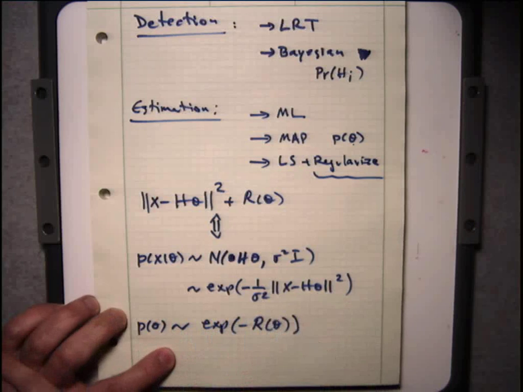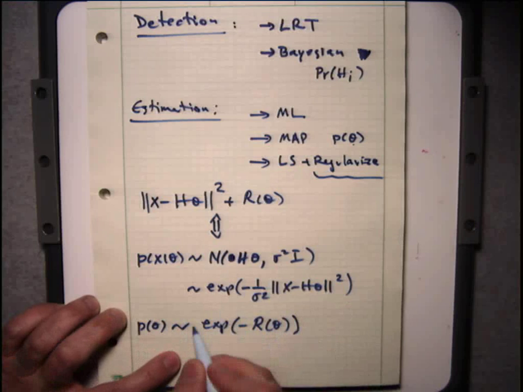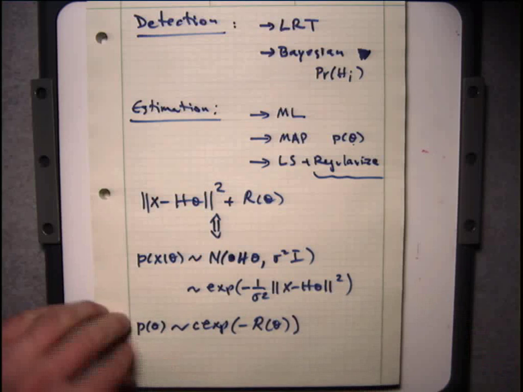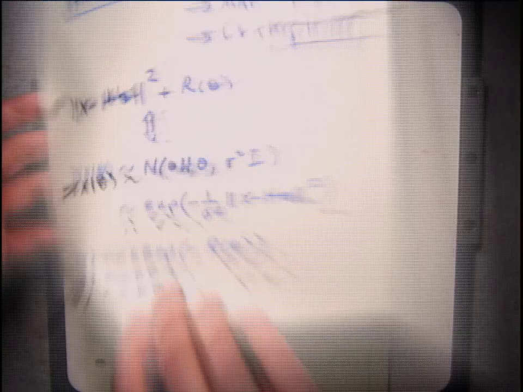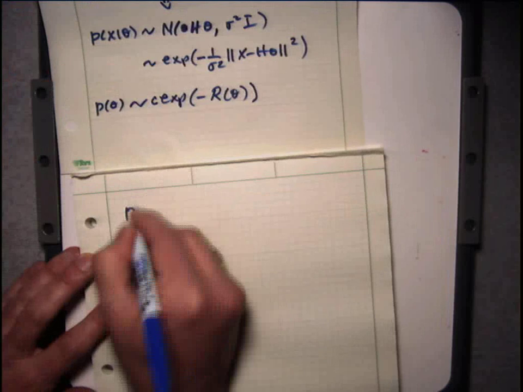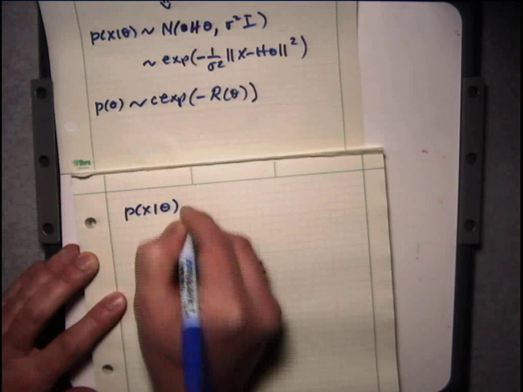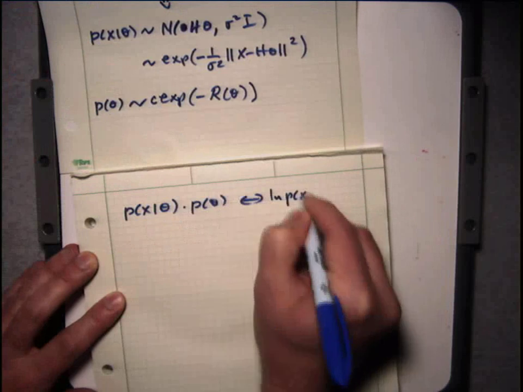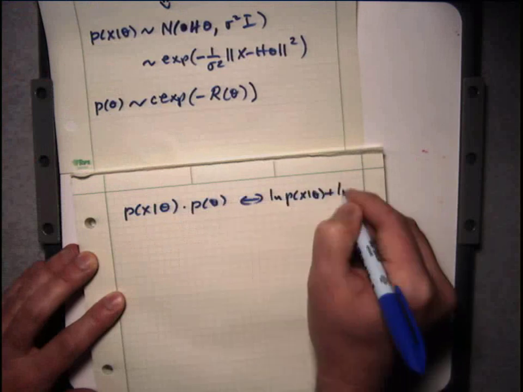Okay? And so, some normalization coefficient in the front to make sure that it all sums up to 1. Okay? So if I take these two, and now I look at P of x given theta times P of theta, or equivalently, I look at the log of P of x given theta plus the log of P of theta.